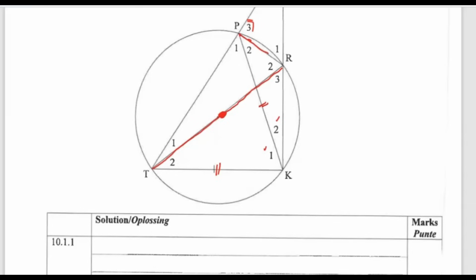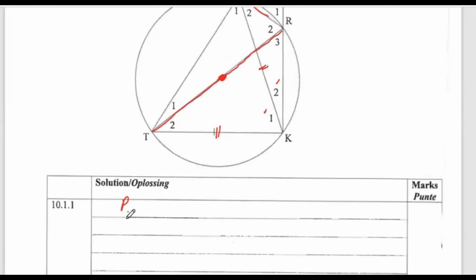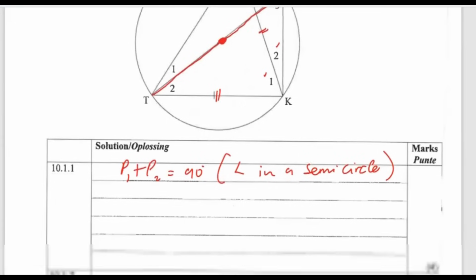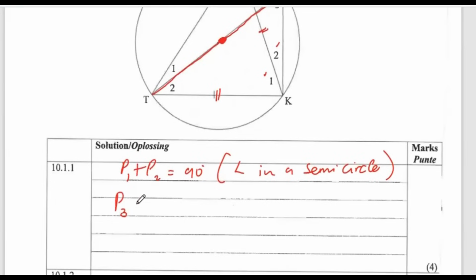So I'll use the P1. So I'm saying P1 plus P2 is going to be 90, angle in a semicircle. Okay. So if that is a 90, which means that P3 is also going to be 90.